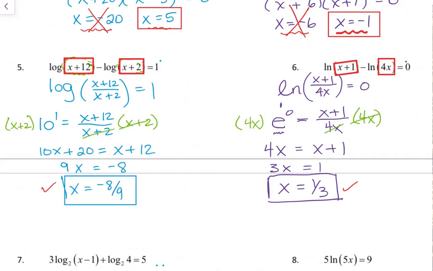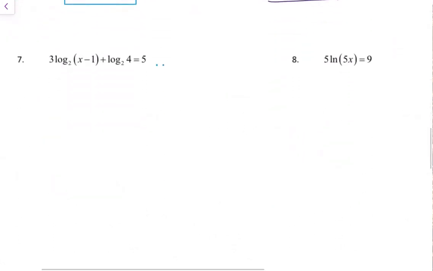Okay, 2 more examples. This time I've thrown in a few extra constants just to make sure that we know how to deal with them if they show up. So in the first one, we've got 3 times the log base 2 of (x minus 1) plus log base 2 of 4 equals 5. So I can't go ahead and add those logs together yet because of that coefficient of 3 out in front of that logarithm.